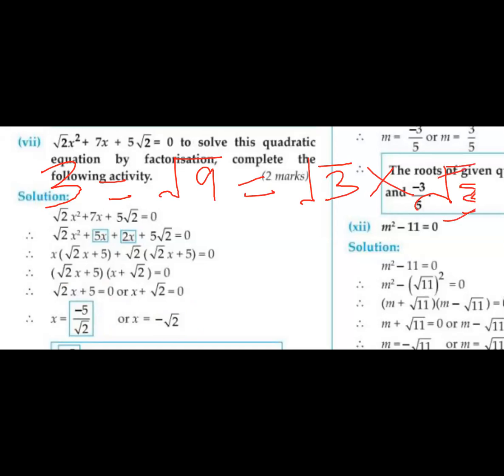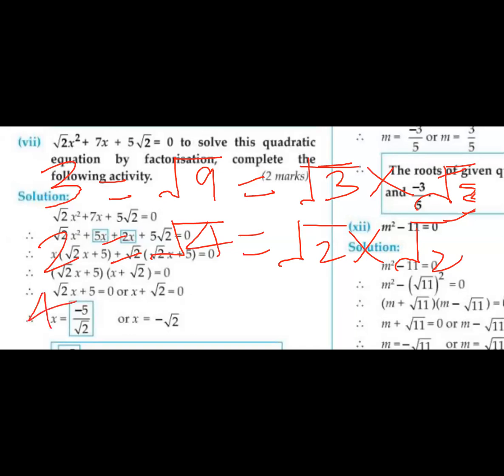Similarly, if 2 is there, you can write root 4. The value of 2 is root 4 and it is root 2 into root 2, right? Similarly, if you write 4, you can write root 16, and the value of root 16 is root 4 into root 4.